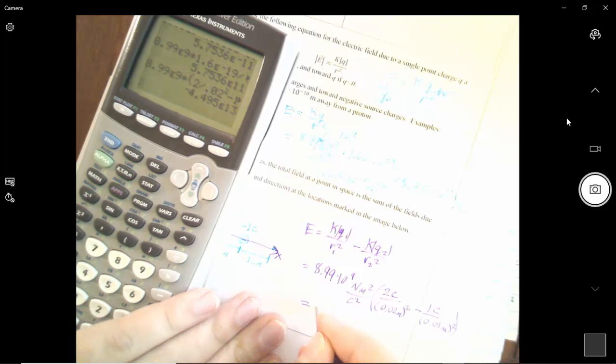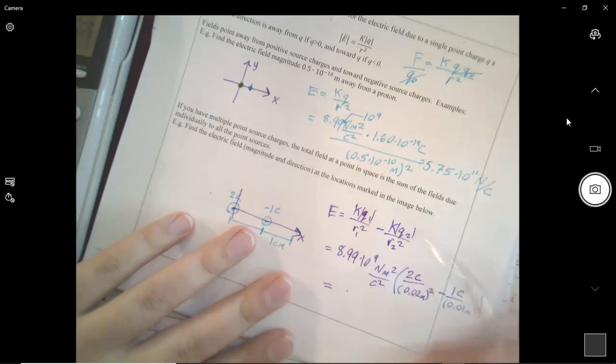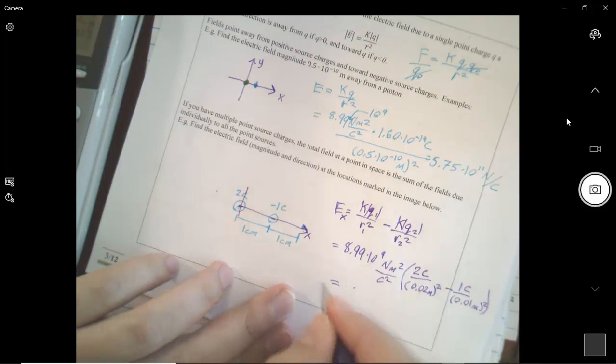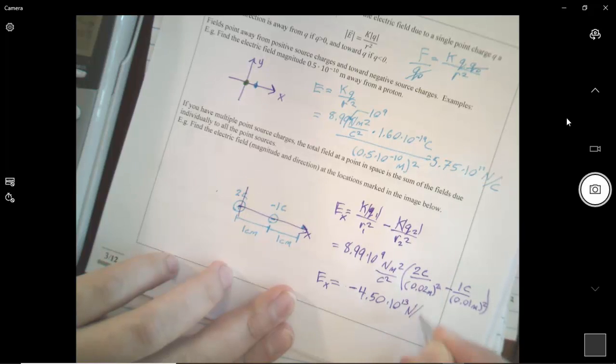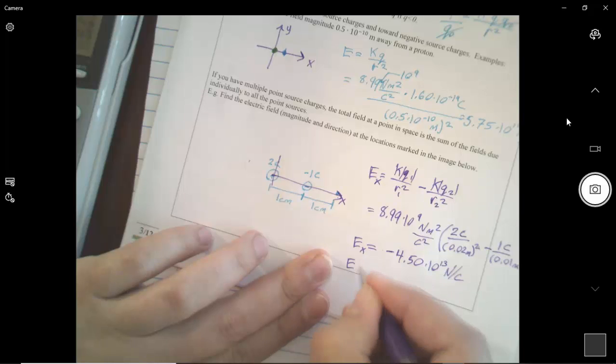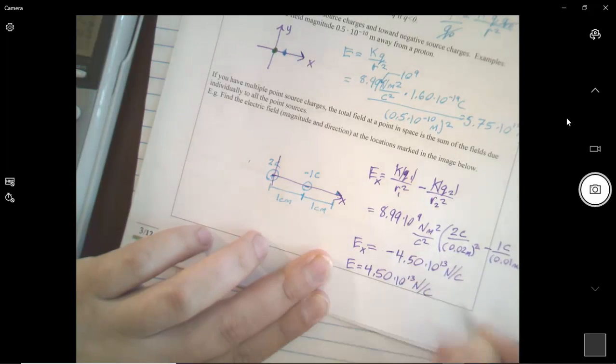And the overall result is the magnitude. Well, if we think of this as a vector, we have a negative 4.50 times 10 to the 13 newtons per coulomb. So it is pointing to the left with that magnitude.